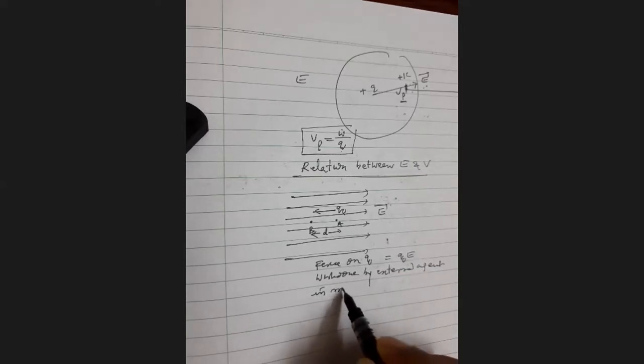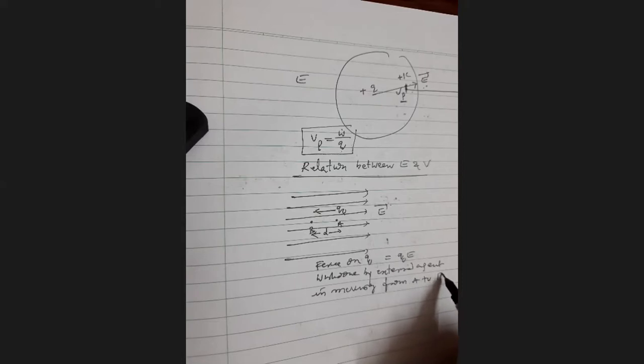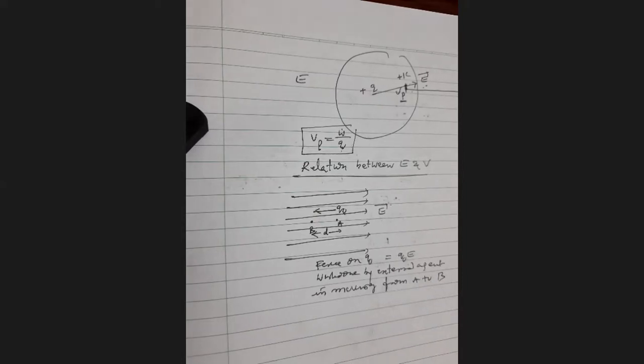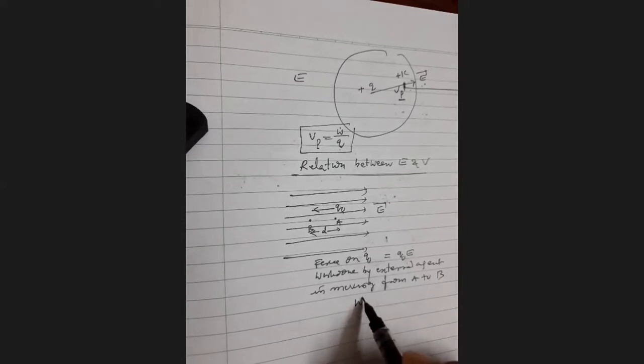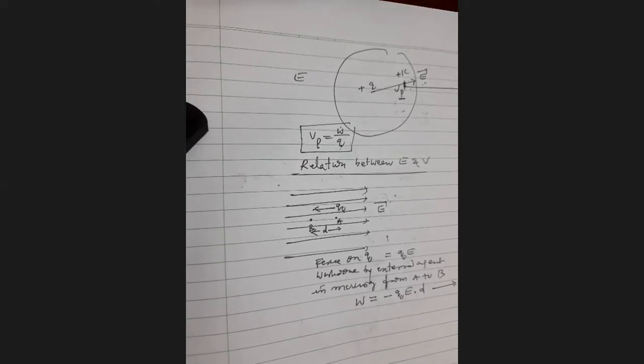In that process, the work done by the external agent in moving the charge from point A to B is given by W equal to minus Q naught E into distance D, according to the formula F into D, where the minus sign indicates opposition to the direction of the Q naught E force acting on the charge.